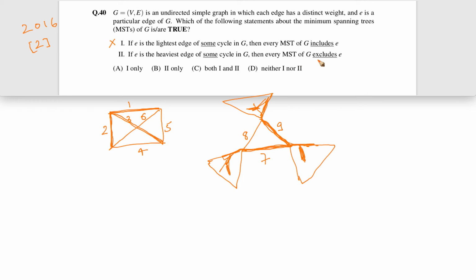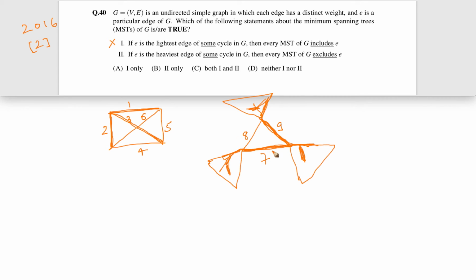So the statement is saying that the MST must exclude e. Let's first establish what happens if the heaviest edge is not excluded, rather it is in the MST. So this is the MST we are talking about, in which 7 and 9 both are in the MST.